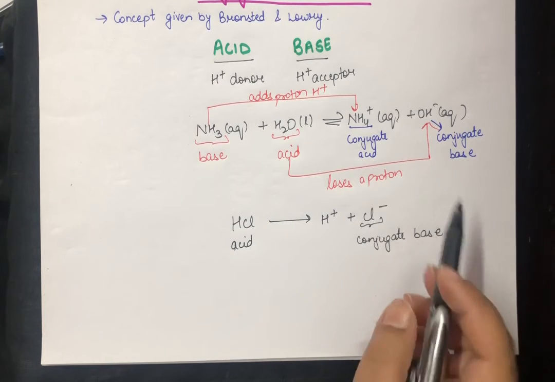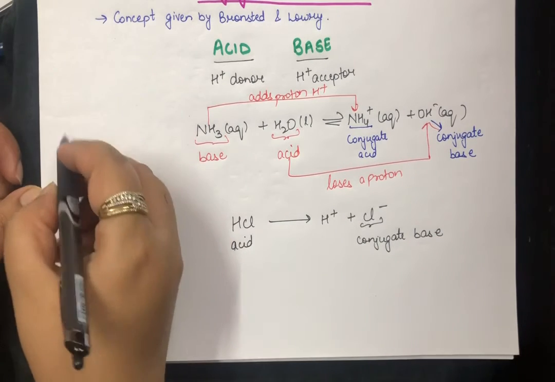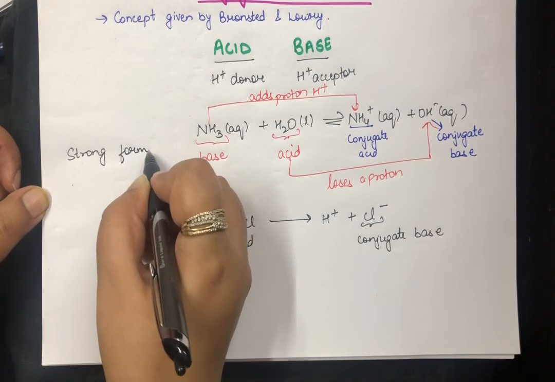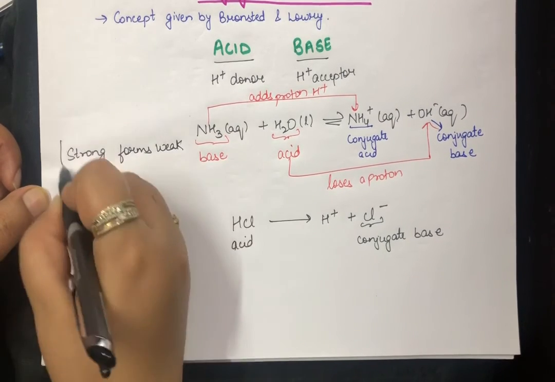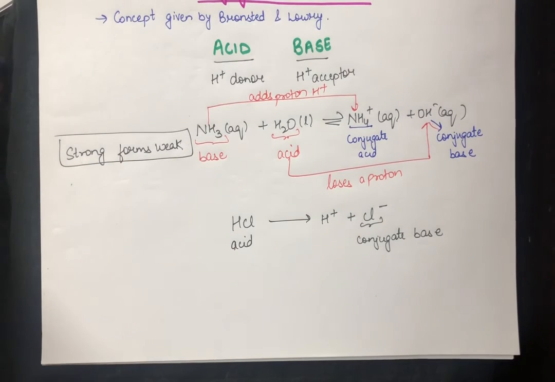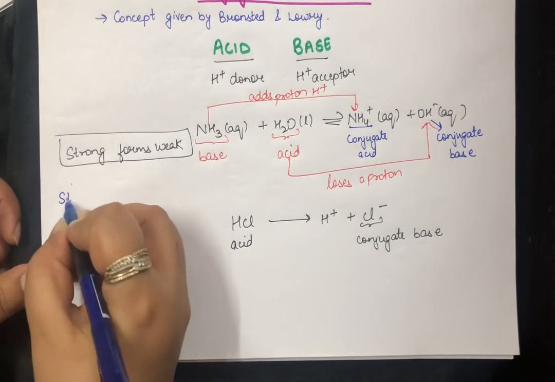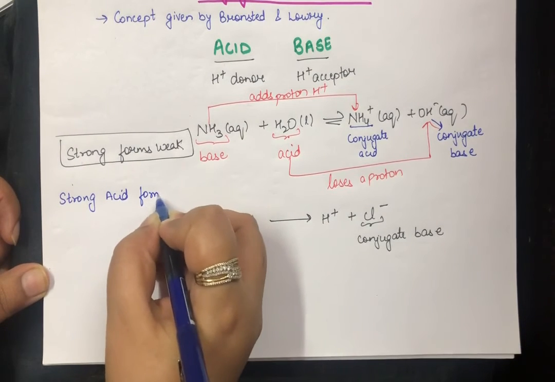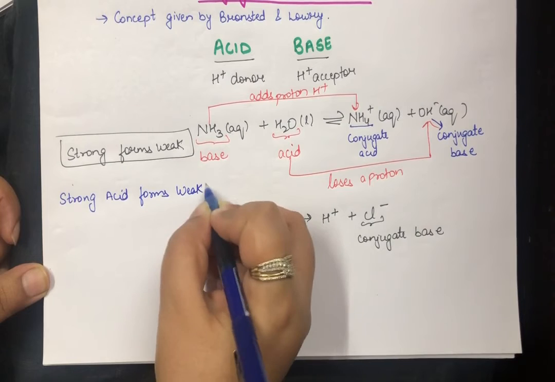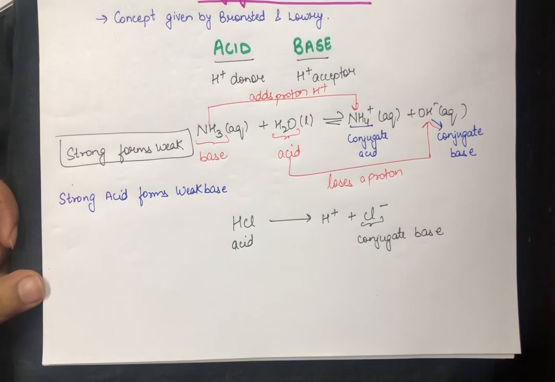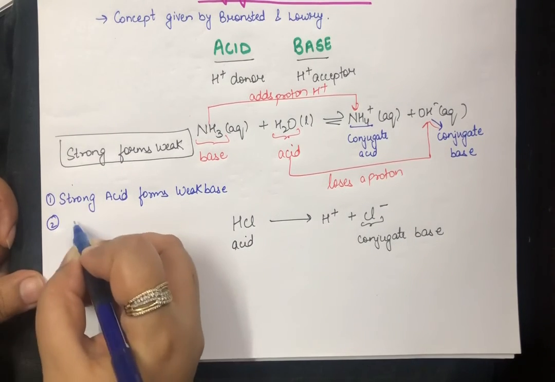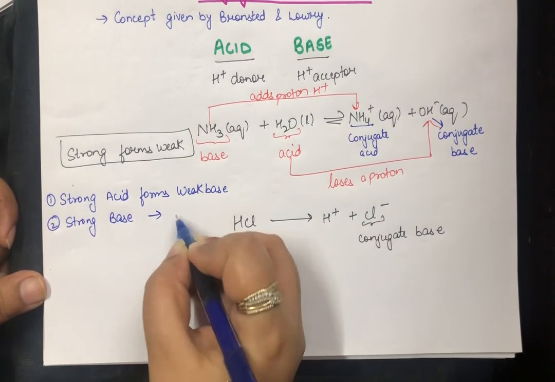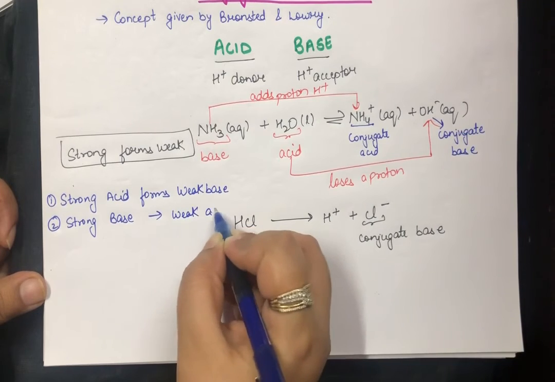The other thing that you have to keep in mind here is that always strong forms weak. Now what do I mean by this? I mean that if you are talking about a strong acid, it will form a weak base. All right. Similarly, if you have a strong base, it will form a weak acid.